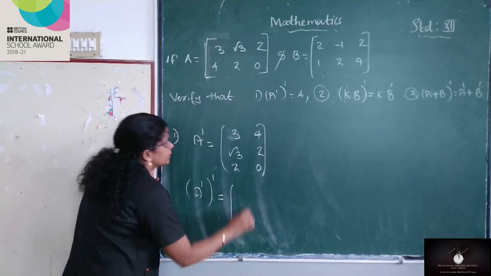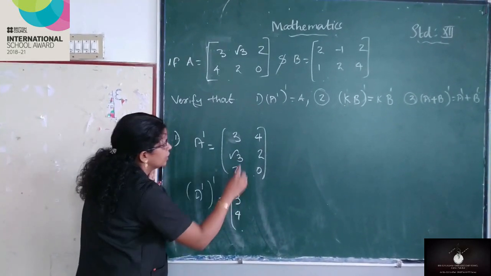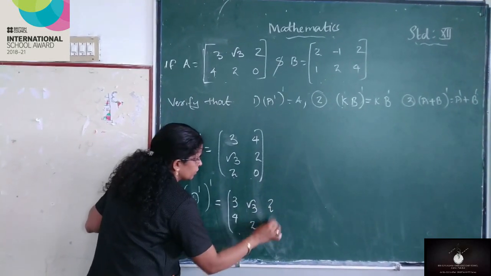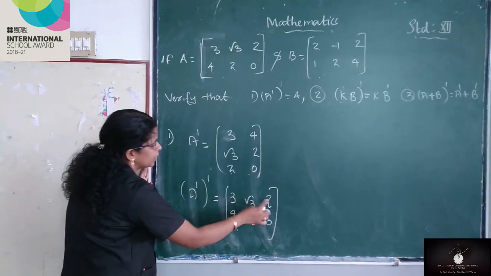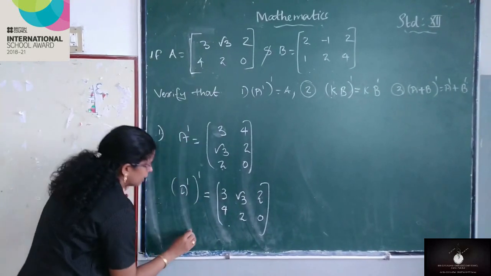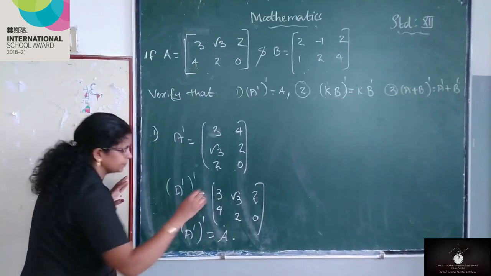The row 3, 4 we change into a column, so 3, 4, then root 3, 2, then 2, 0. So 3, root 3, 2, 4, 2, 0 is our A. So we can write A transpose whole transpose equals A.